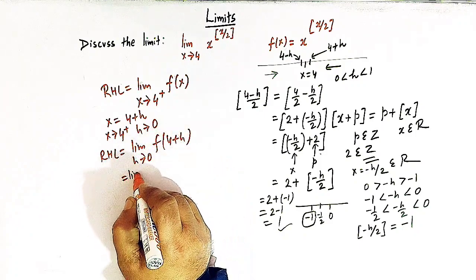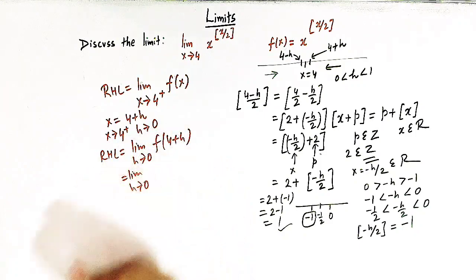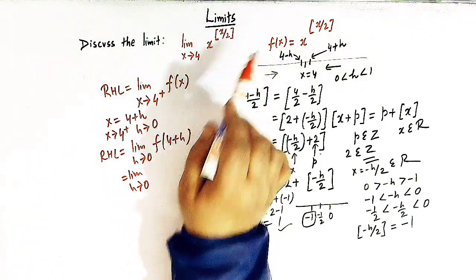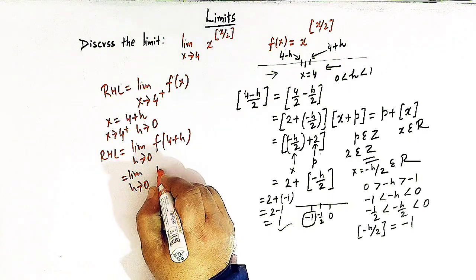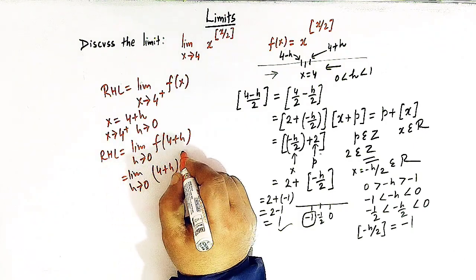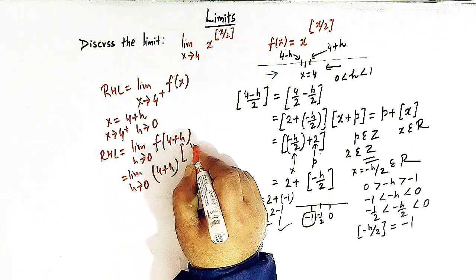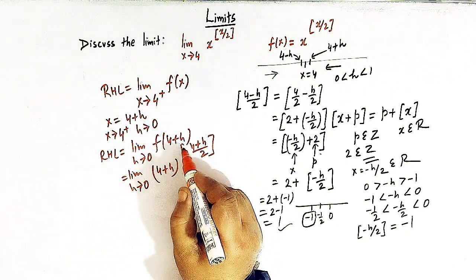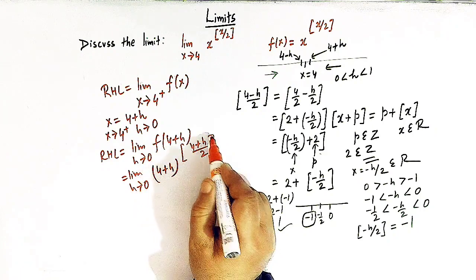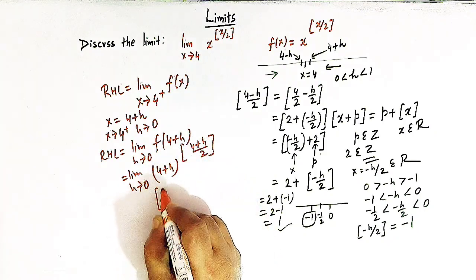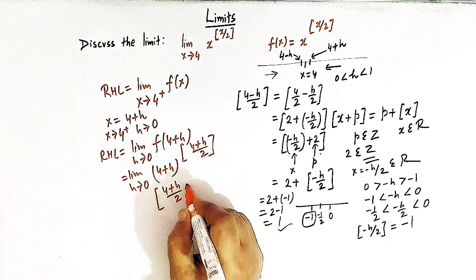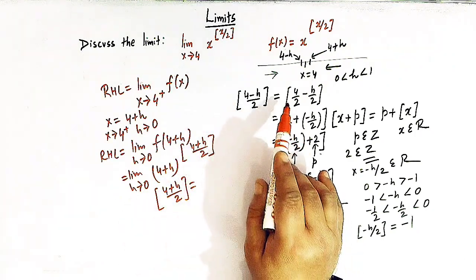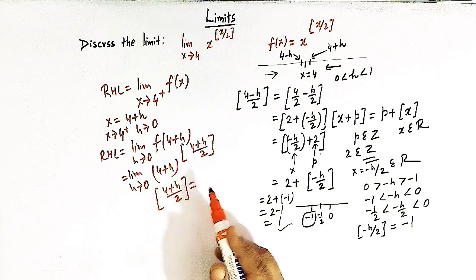So this is now limit h tends to 0, f of 4 plus h can be obtained by replacing x by 4 plus h. So we have 4 plus h raised to greatest integer of 4 plus h over 2, right? So now we have to concentrate on this term, that is greatest integer of 4 plus h over 2. So as we have done in this case, we'll follow the same steps here.